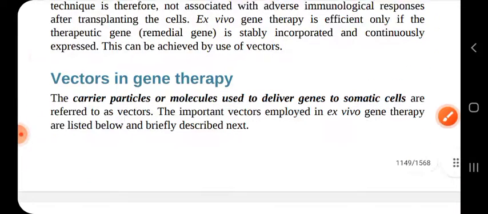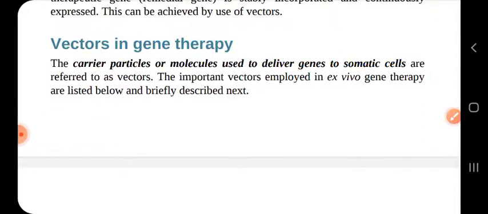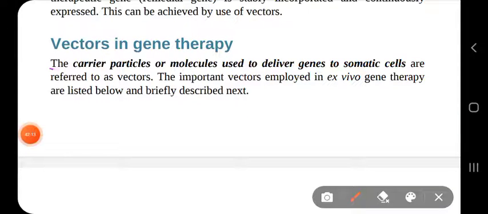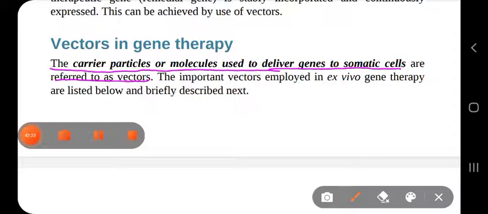Now what vectors are normally used for gene therapy? The carrier particles or molecules used to deliver genes into the somatic cells are called vectors. So vectors are simply carrier molecules which are used to deliver the genes into the somatic cells. Some important vectors which are employed in ex vivo gene therapy are viruses, human artificial chromosomes.